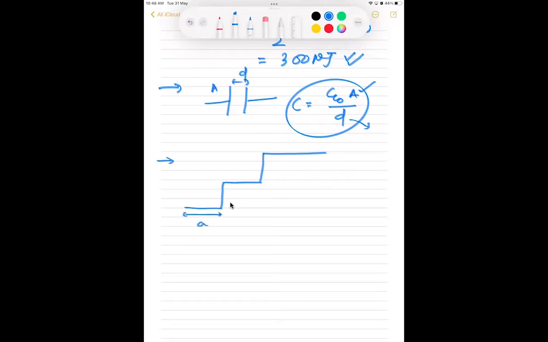This length is A, this length is D. This length is A, and this length is D, and this length is also again A. Here this is A, correct?